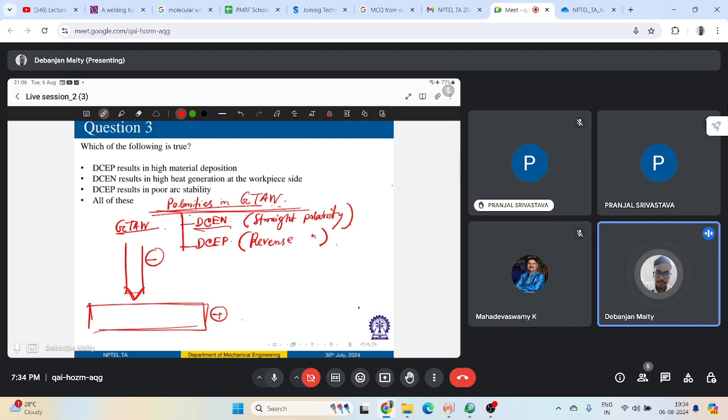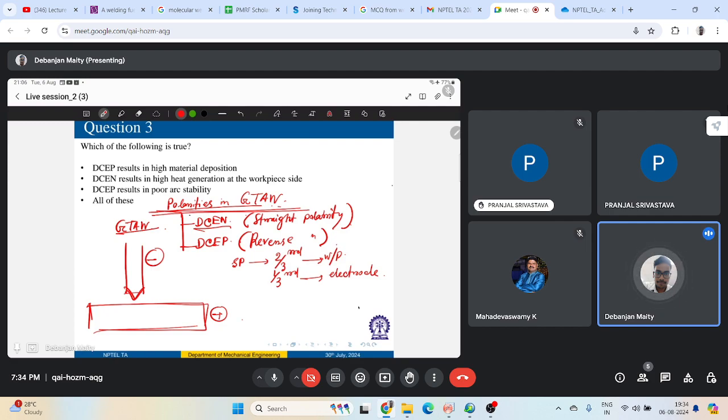And this is why in gas tungsten arc welding with DC electrode negative, two-thirds of the heat is located at the work end of the arc, and less heat is generated at the electrode end. So for straight polarity, two-thirds at workpiece, one-third at electrode. The reverse is true for reverse polarity, right?